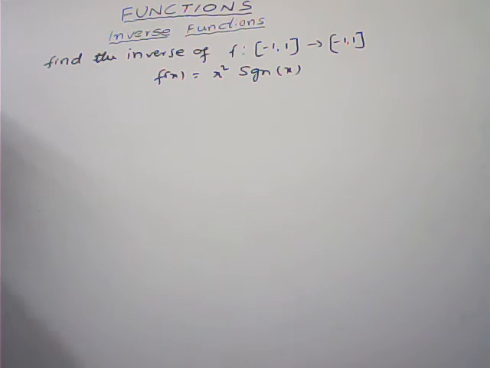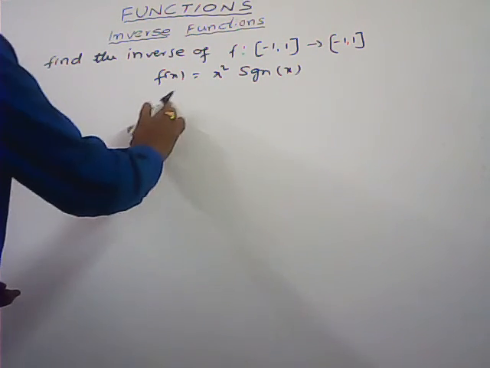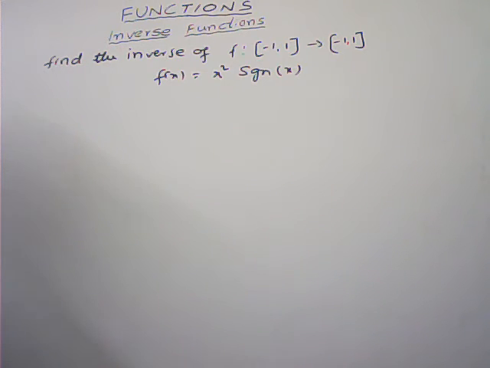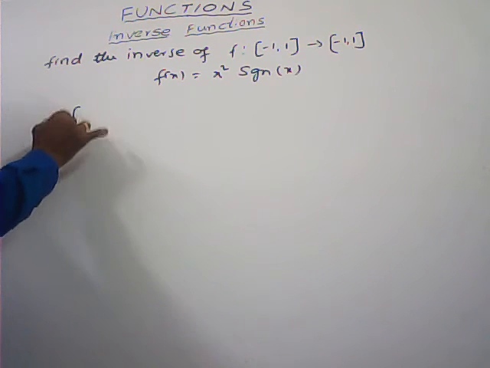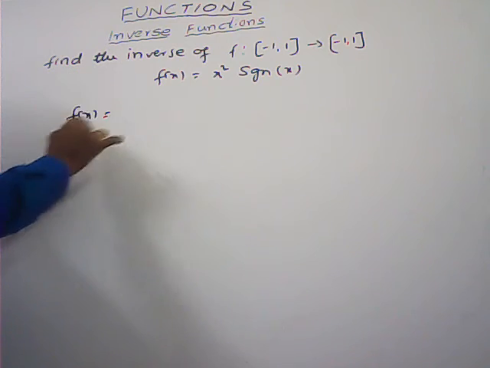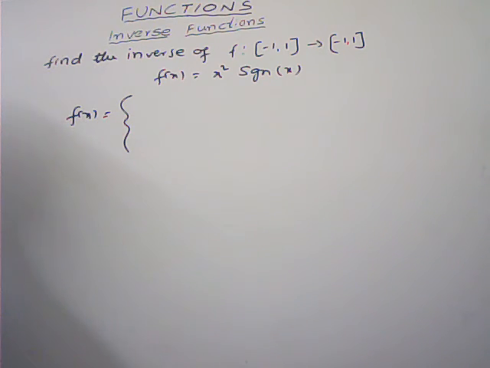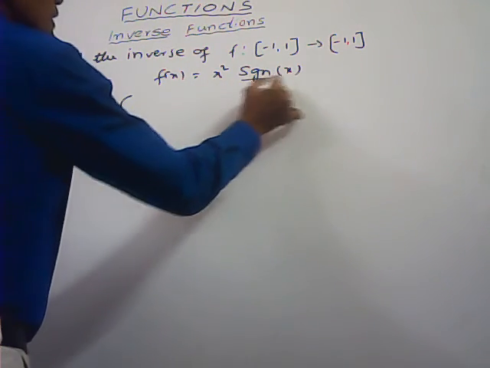Closed brackets both. Here f of x equals x square into signum of x is given. Here we can redefine this function. f of x is equal to, here we know the signum of x.